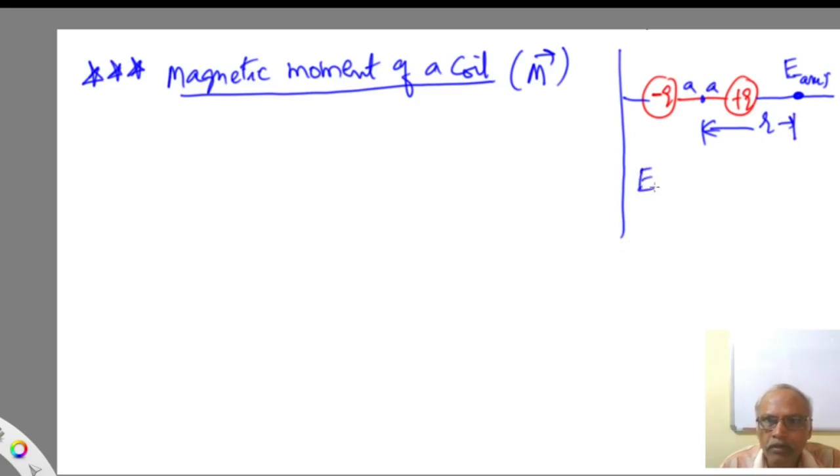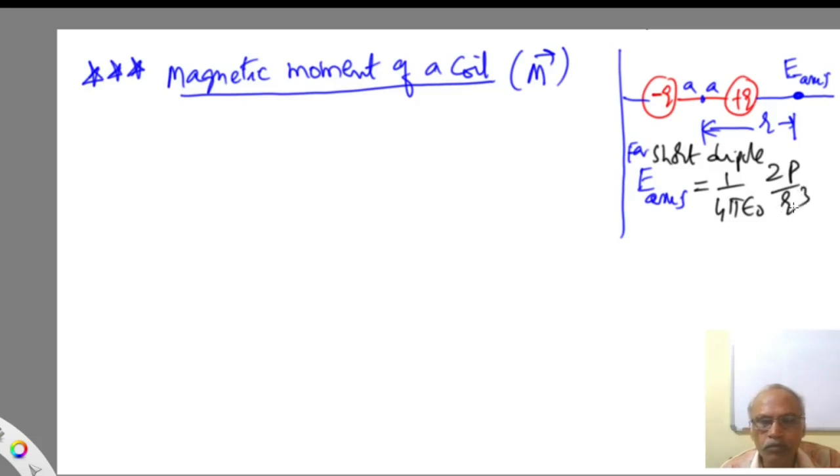For a short dipole, meaning the length of the dipole is negligible compared to the distance R, the electric field on the axis is equal to 1 by 4 pi epsilon naught into 2p by R cube.